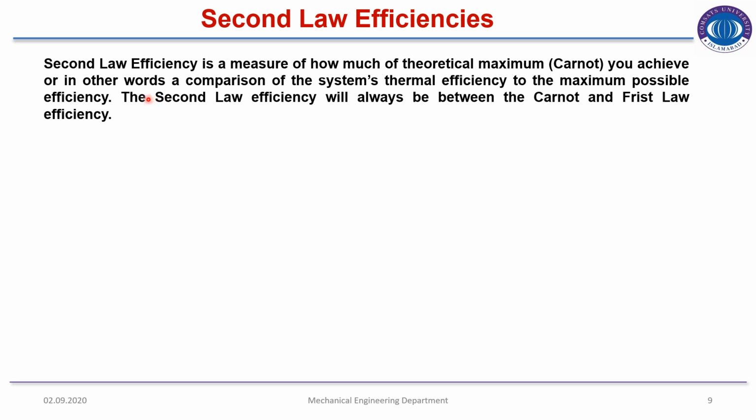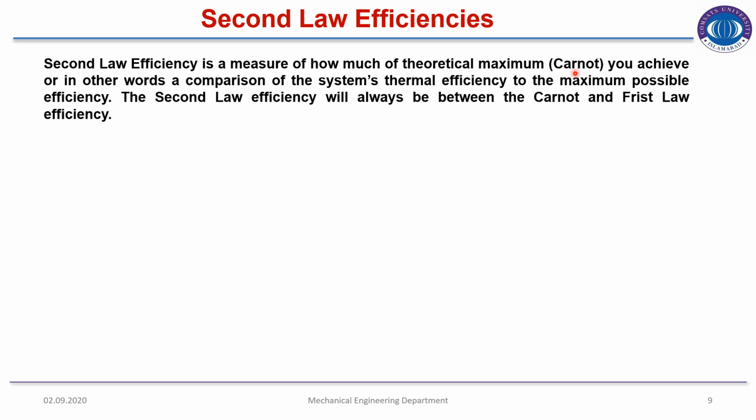So you know that the Carnot cycle, we have already discussed the cyclic heat engine. We know that the Carnot cycle is based on four reversible processes, and the maximum thermal efficiency that can be achieved by any reversible heat engine can never be greater than the Carnot efficiency.